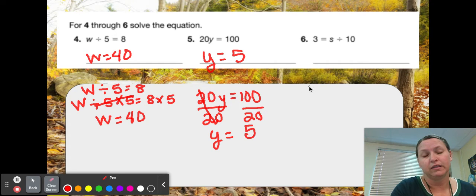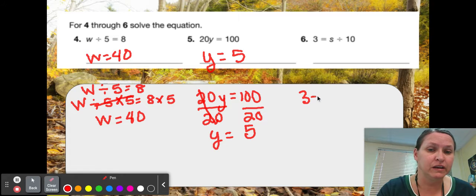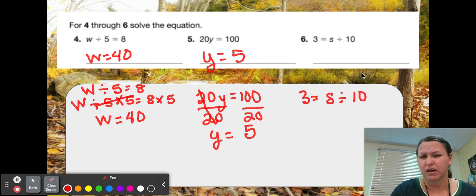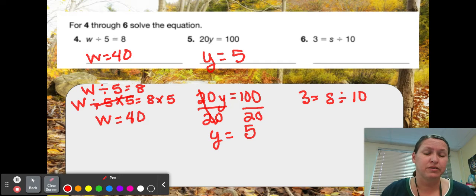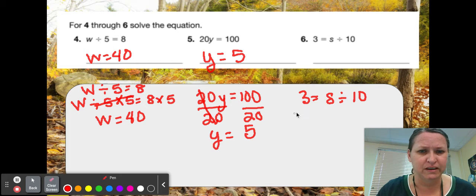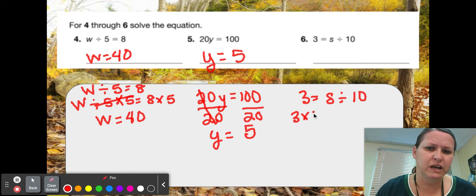Let's do one more. I have 3 equals s divided by 10. What is my variable? My variable is s. What are they doing to the variable? They're dividing it by 10. So how do I do the opposite? I multiply both sides by 10. So I'm going to do 3 times 10 equals s divided by 10 times 10.